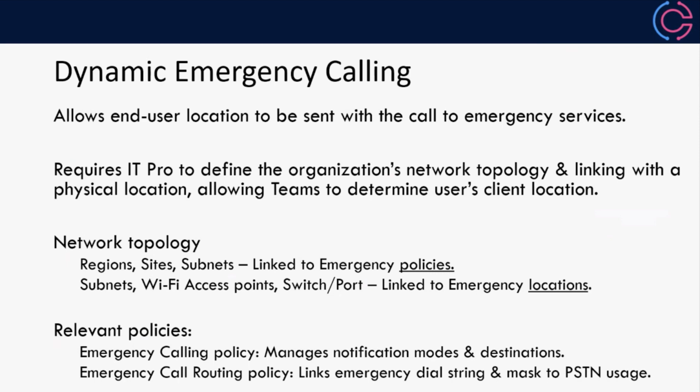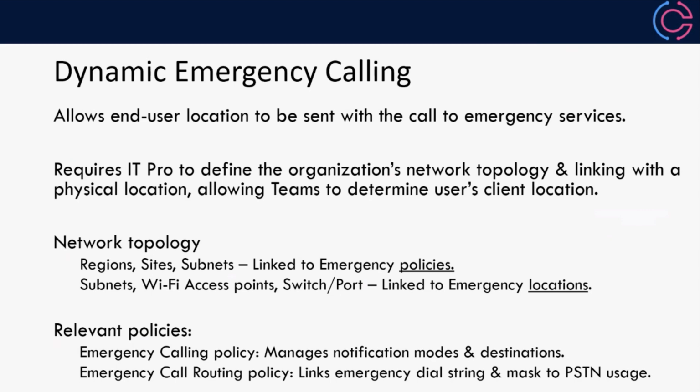Now, to have that be dynamic means that I actually have to have some understanding of where the end user's endpoint is located. That first requires the IT pro to define the organization's network topology, and then have that linked to the emergency address, some physical location. Then, based off of what Teams sees in the network, we can say, based off of this network topology, I know that I'm located here.